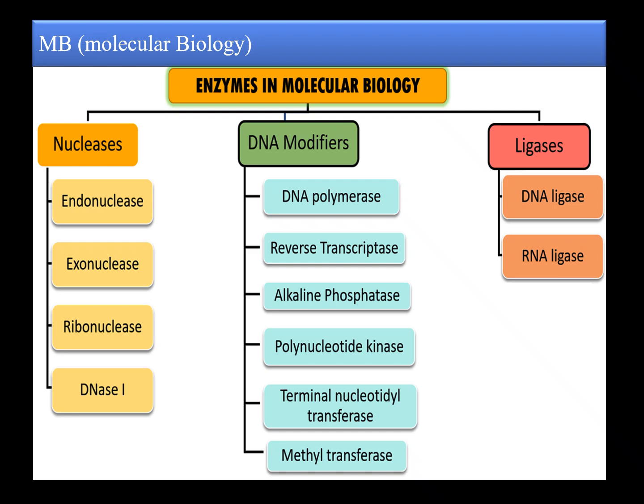Now we see enzymes in molecular biology. In molecular biology, enzymes are widely used in laboratories and biotechnology. For example, DNA polymerase is used in DNA replication, and DNA ligase joins DNA fragments. So enzymes are not only important inside the body; they are also very important tools in biotechnology and research.